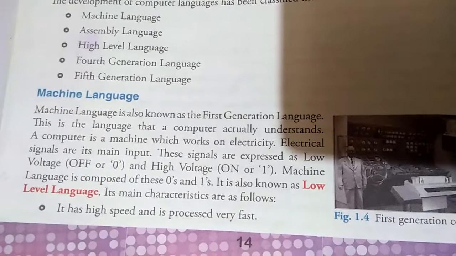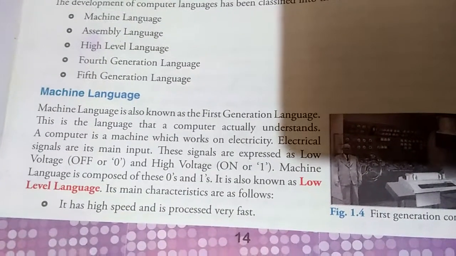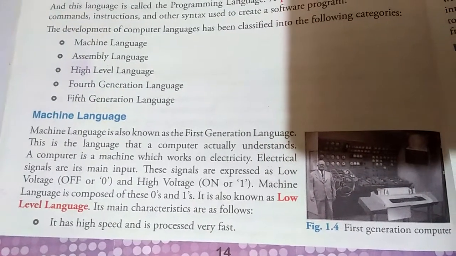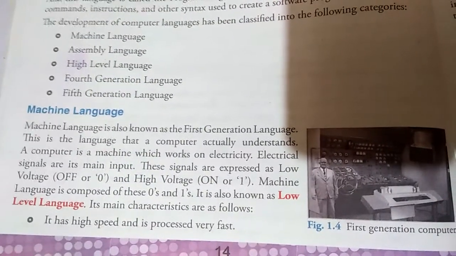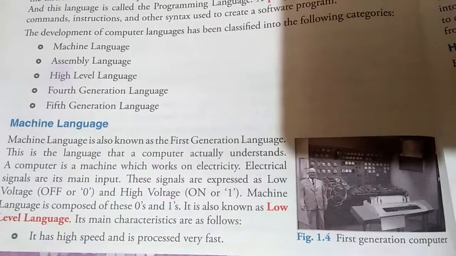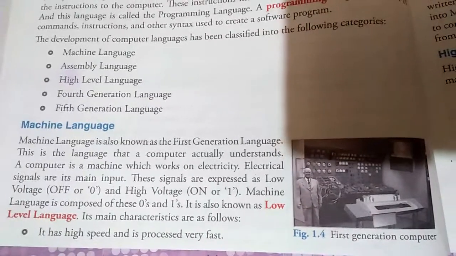Its main characteristics are as follows. The characteristic of machine language is what? It has high speed and is processed very fast. The speed of machine language is very high, and it is processed very fast.